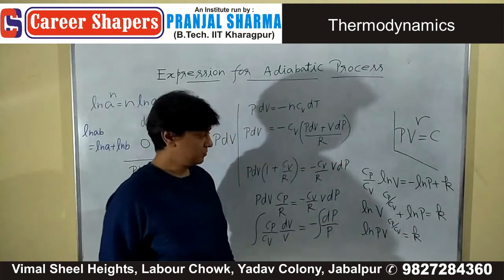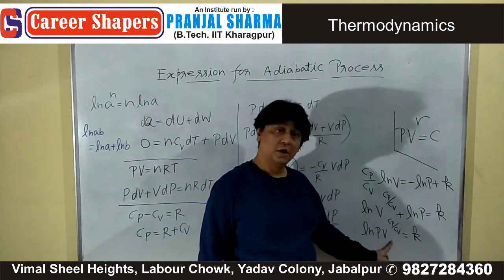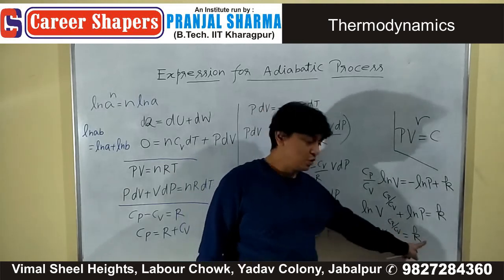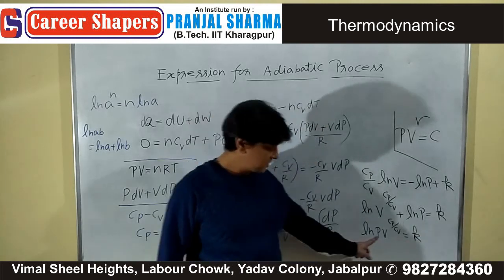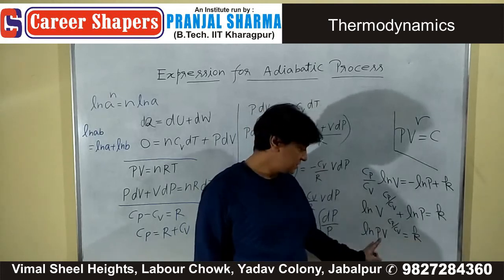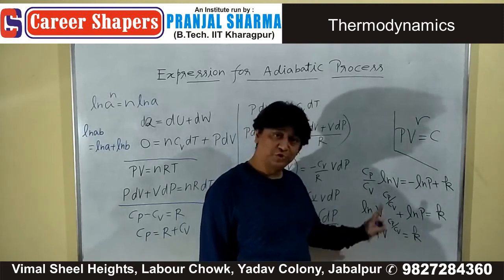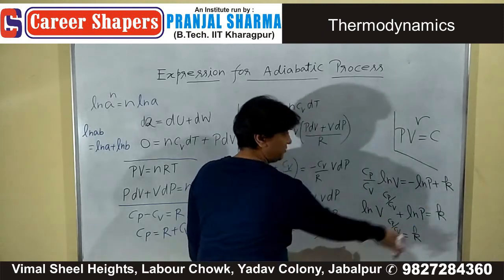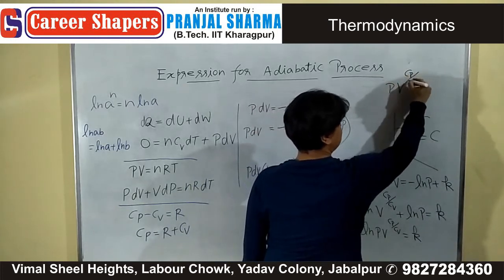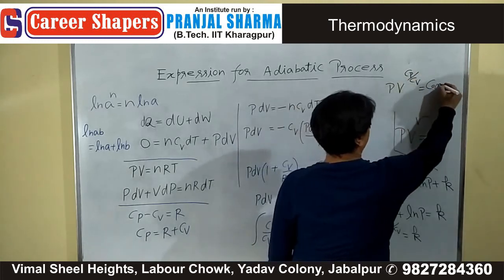K. Log A plus log B is log A into B. Now, what are you saying? Log of this part is a constant. Log of something is a constant number. That means this something should also be a constant number, which means PV to the power Cp upon Cv should be a constant.